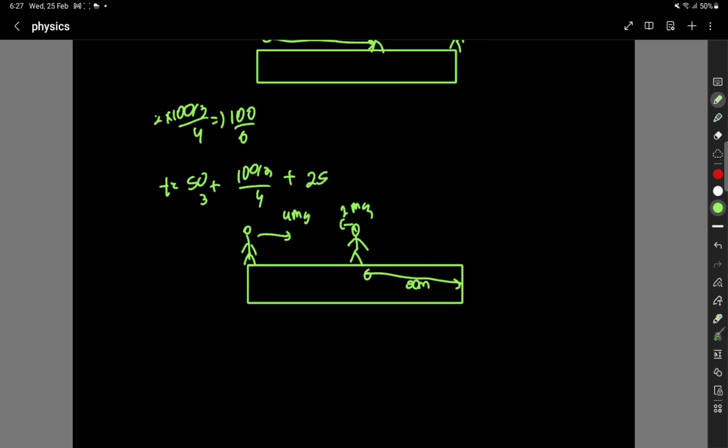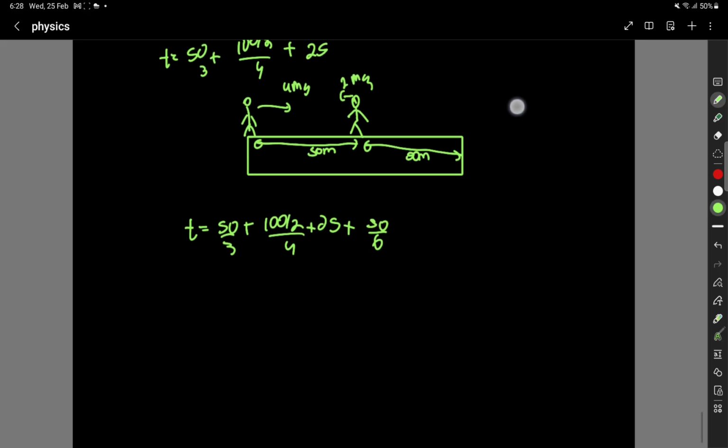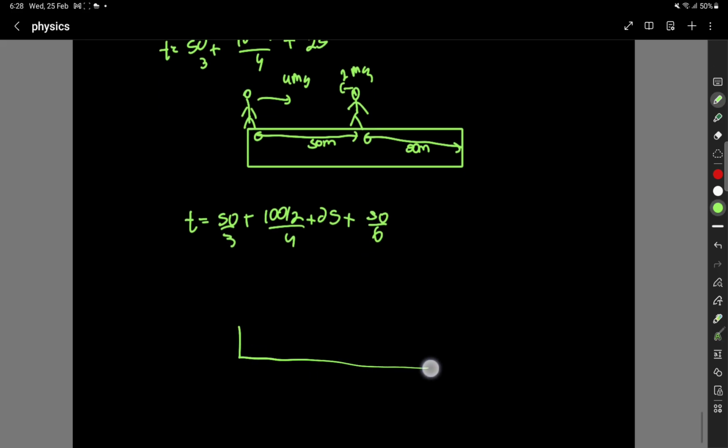Now where will they clash? They will clash at t equals 50 by 3 plus 100 by 3 by 4 plus 25 plus 50 by 6. They will clash here.